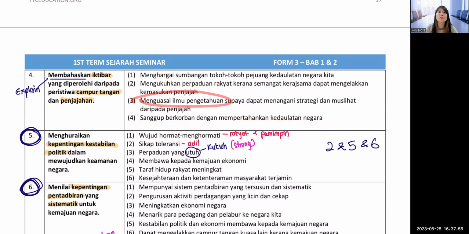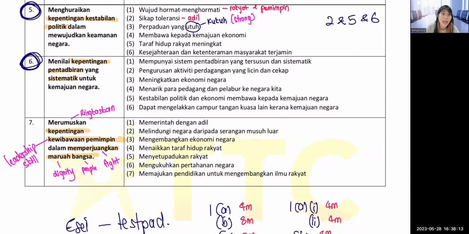Master knowledge so that you have the ability, you have the strategy, you have the tricks to deal with the penjajah. You understand? Okay. Any question, guys? Do you have any want to ask? No? Okay, good.